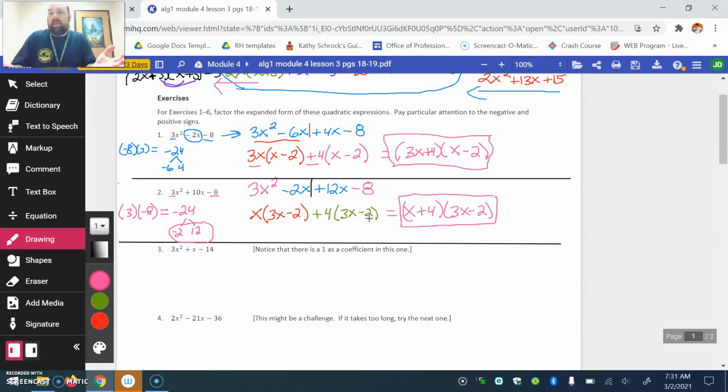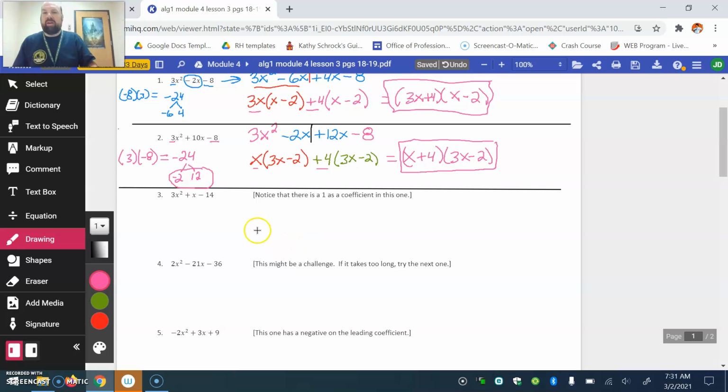A lot of times, I'll even just write that already and try to figure out what goes on the outside. So if I started with the 3x minus 2, what would I need on the outside to end up with 12x minus 8 plus 4? Now, I combine the plus 4 and the x for one of my parentheses, and the 3x minus 2 is the other one. And you're done.